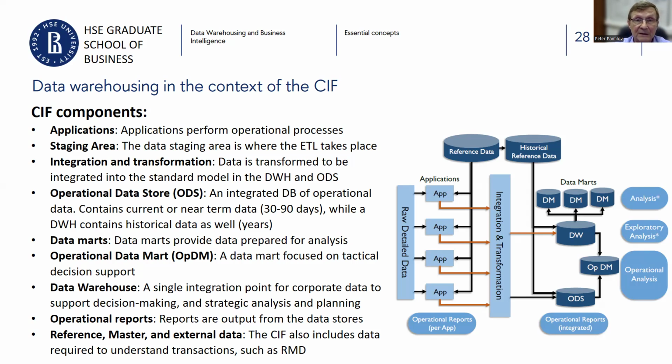This data is important and used during some short time frame. As you can see, the operational data store contains current or near-term data, 30, 90 days. So it's something like one month or a quarter.